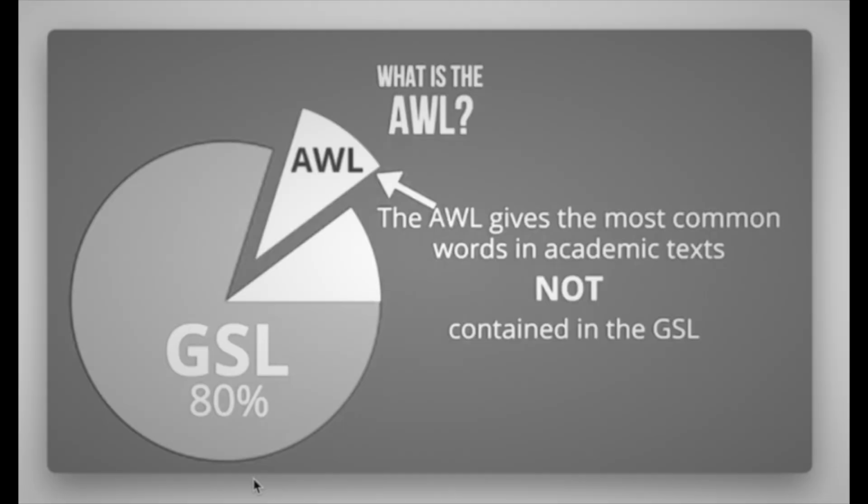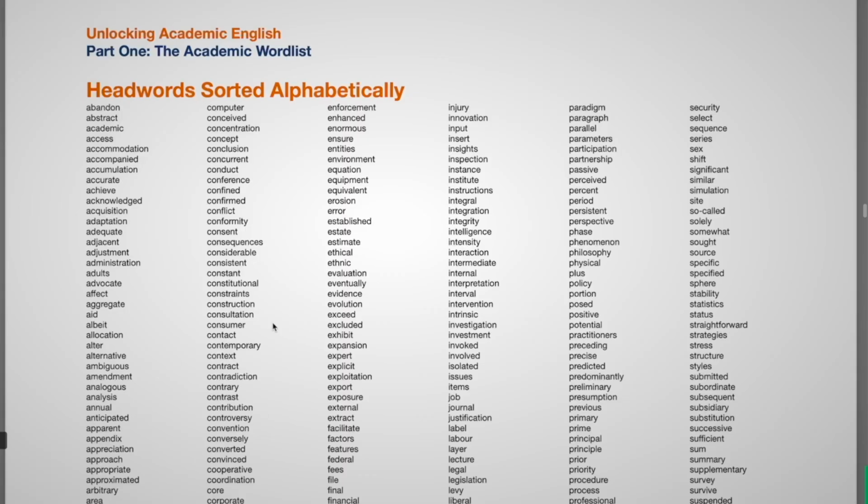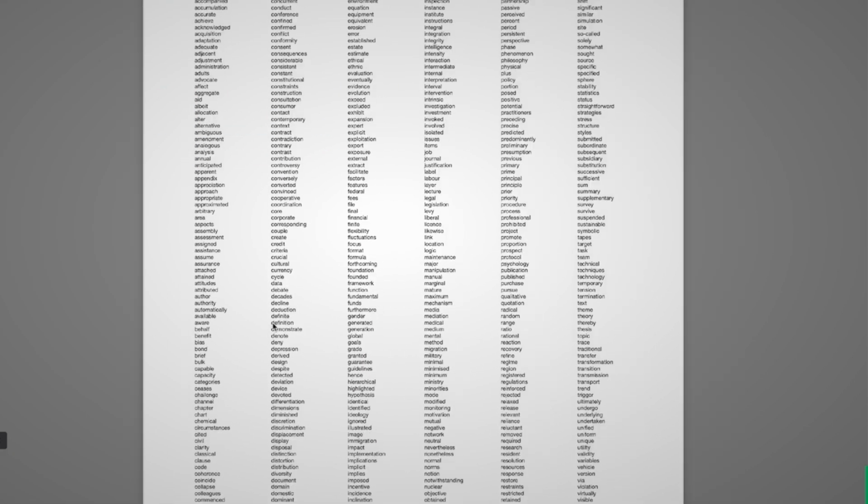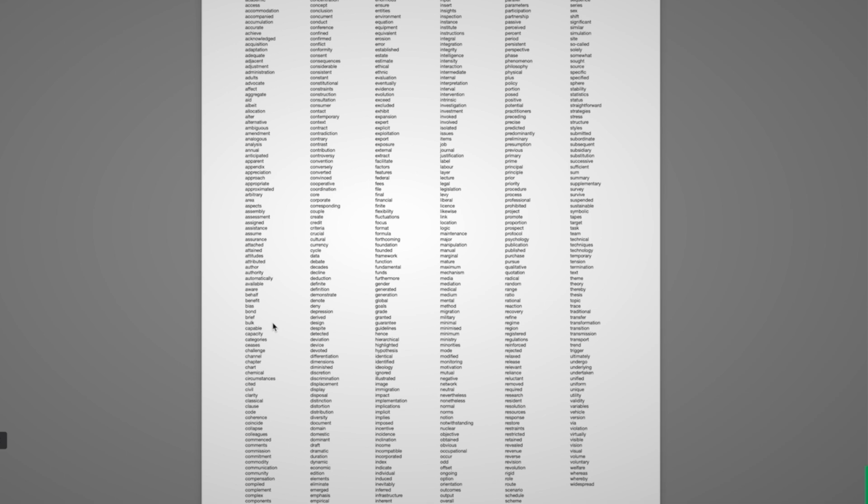The GSL would contain words like the, all the prepositions in, on, at, right? And words that just belong to general conversational use. So, an academic word list is this: there are 570 words, listed alphabetically, right?